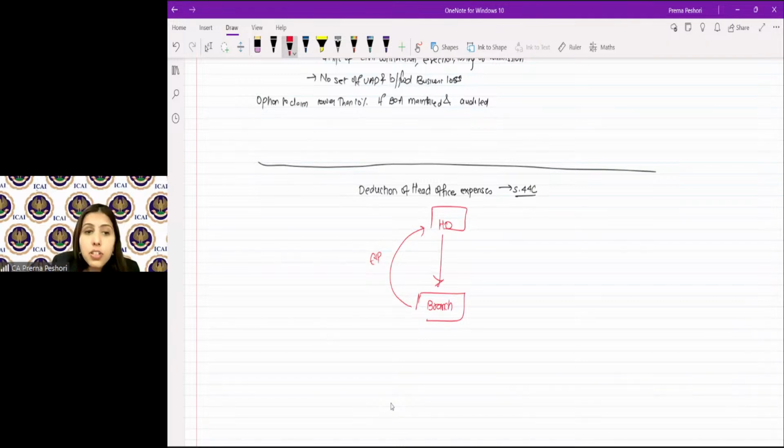Now the deductibility of that is covered under section 44C. So now what is 44C telling us? Let's try and understand. It says the head office expenditure will be restricted to this much amount.